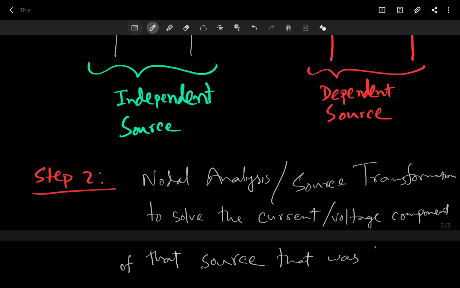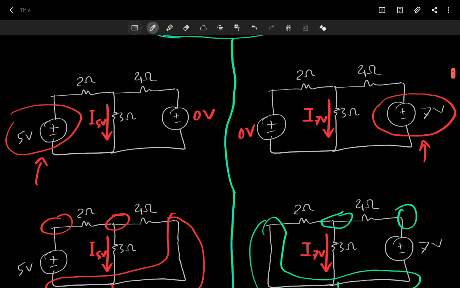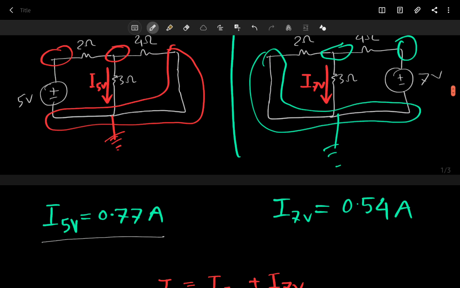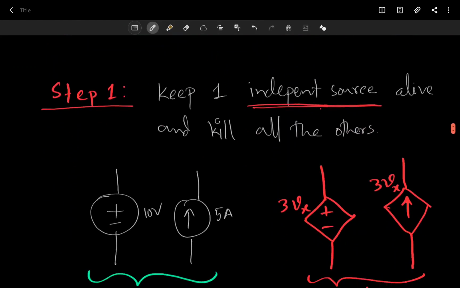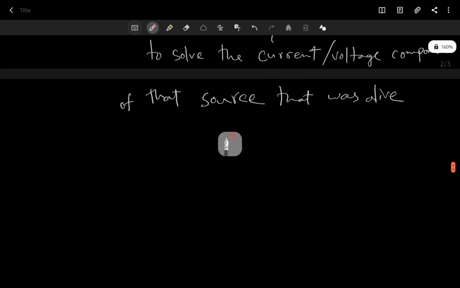That's what we did. So we kept the 5-volt voltage source alive on the left circuit, and we calculated just the 5-volt current component from there. Okay, and this is step 2.